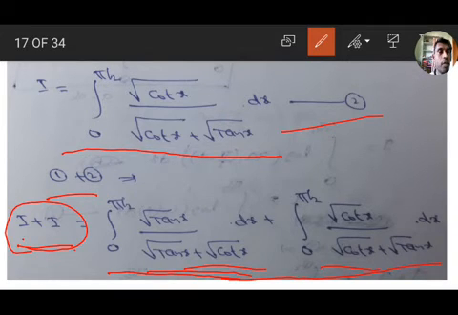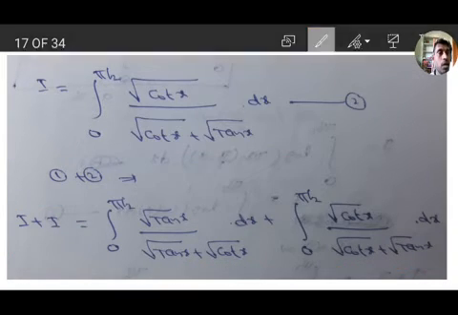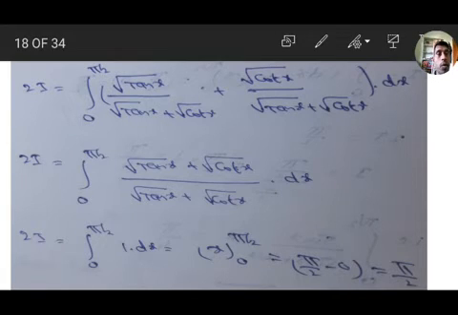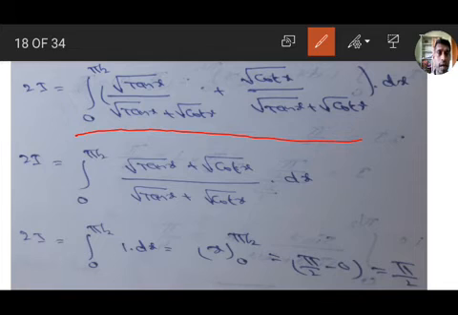I plus I equals 2I, with only one integration. That is 2I equal to integration 0 to pi by 2 of square root of tan x by square root of tan x plus square root of cot x plus square root of cot x by square root of tan x plus square root of cot x dx.